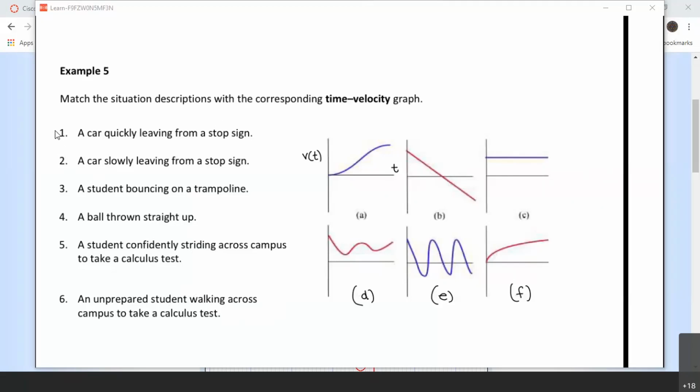Okay, if you remember, over here you've got numbers, and over here you've got letters. So does anyone have a number-letter match? Anybody have just one? Share one that you think matches. You don't have to share all six.